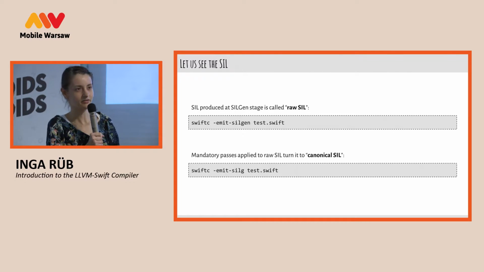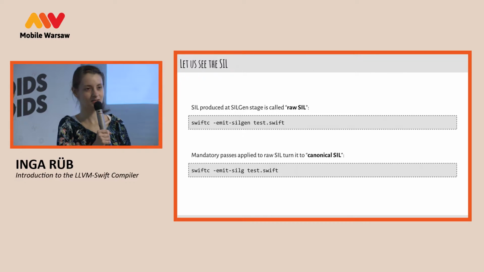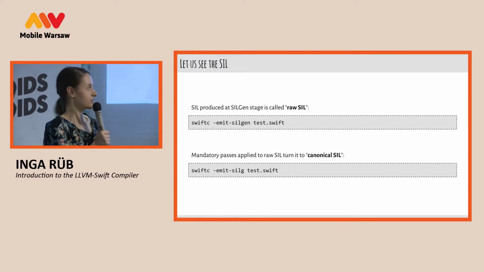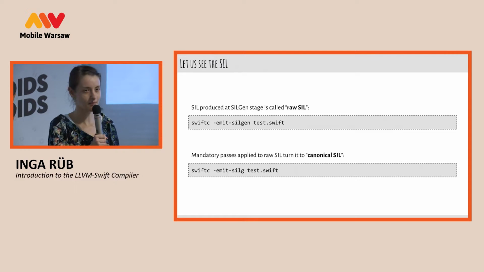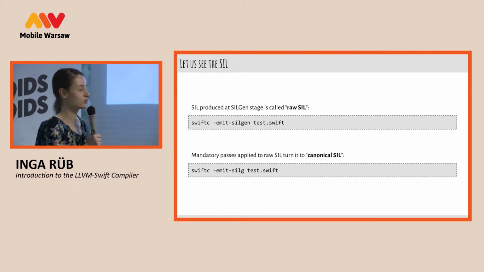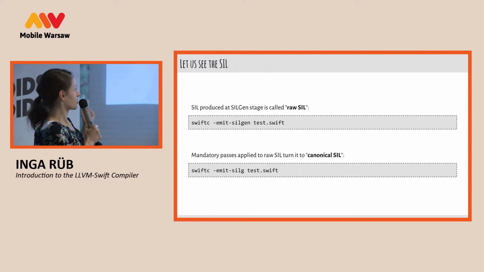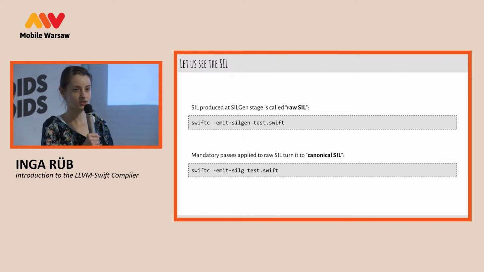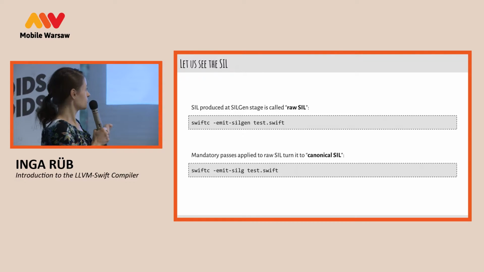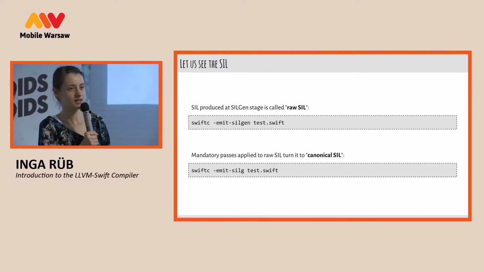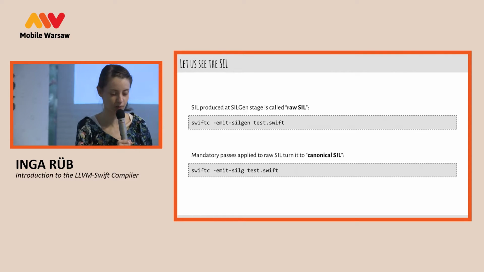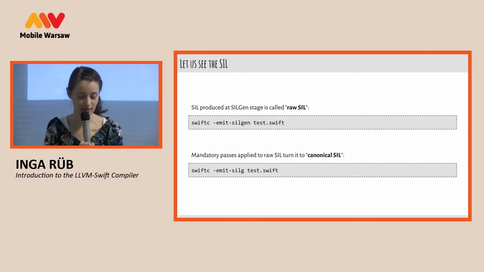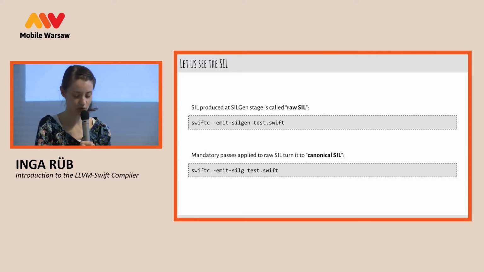These commands are valid for the Linux operating system because this is the one I'm using, but there are analogs for macOS, so you can just Google them and try it on your computers. The first command produces the raw SIL, which is not optimized, and the second one gives us as an output SIL which was optimized by the compiler. Then we can compare them and find out what has happened to our code.